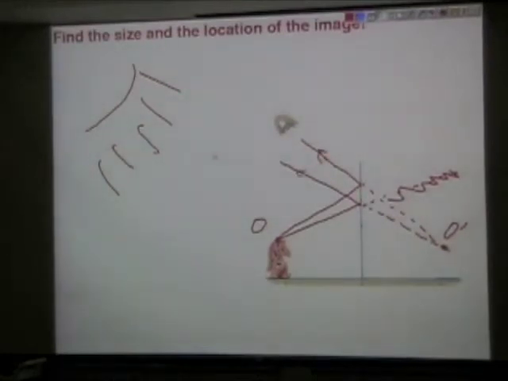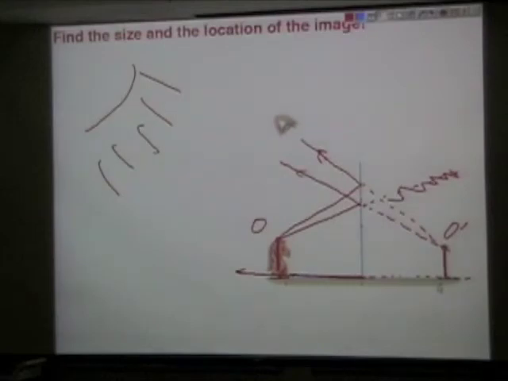We could use, for example, a ray like that. The ray which is perpendicular to the mirror should go straight back, and that's going to be its extension. And we know that this image is supposed to be here. So now we can see 2 facts.